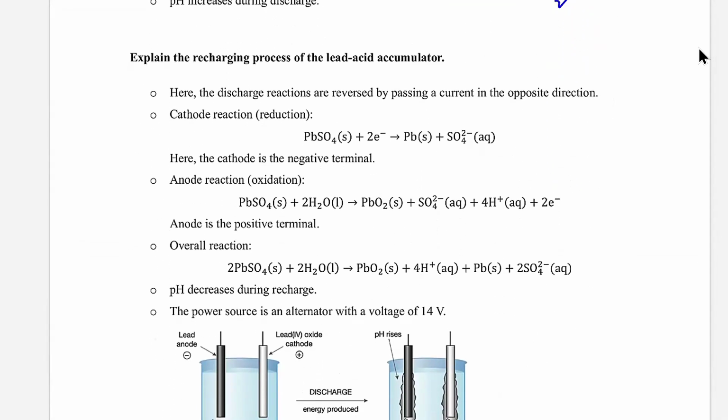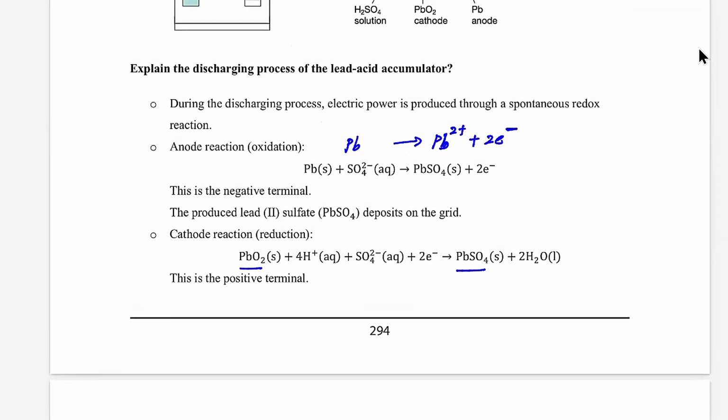Recharging process. First of all, he mentioned that the discharging process is a spontaneous reaction.